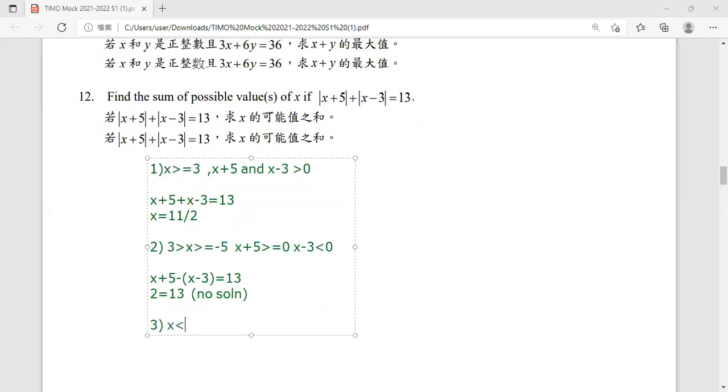x is less than -5. Then both of them are smaller than 0. Okay, and then I will have negative x plus 5 minus bracket x minus 3 equal to 13. And then you solve the equation again. You solve the equation again, you will find what?